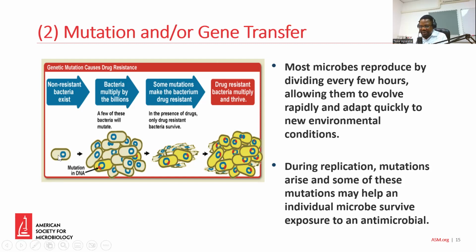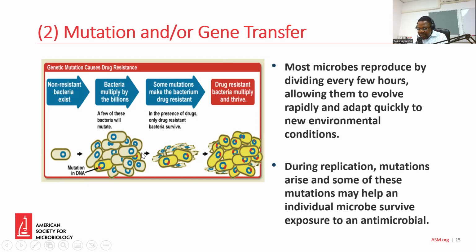So this is what you can see here. We have a non-resistant bacteria, and it starts replicating. During the replication process, you will see this bacteria experience a mutation in its DNA because of the replication step.